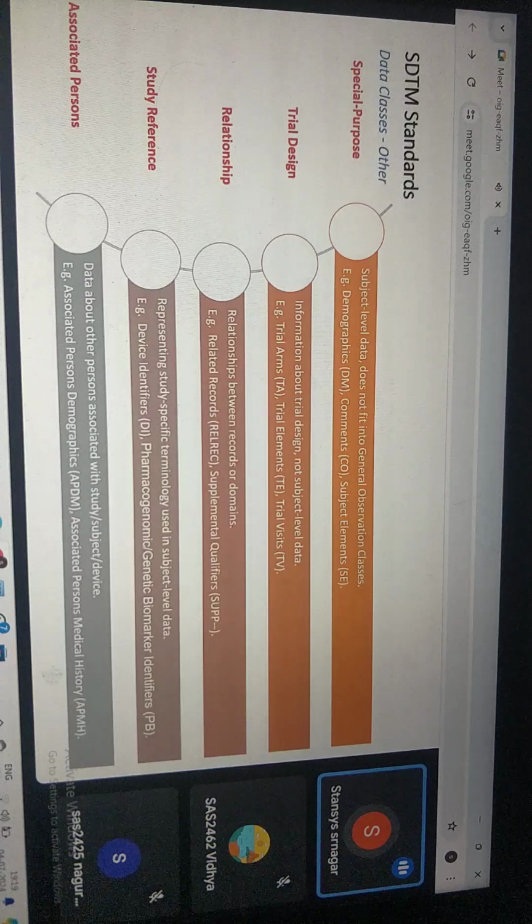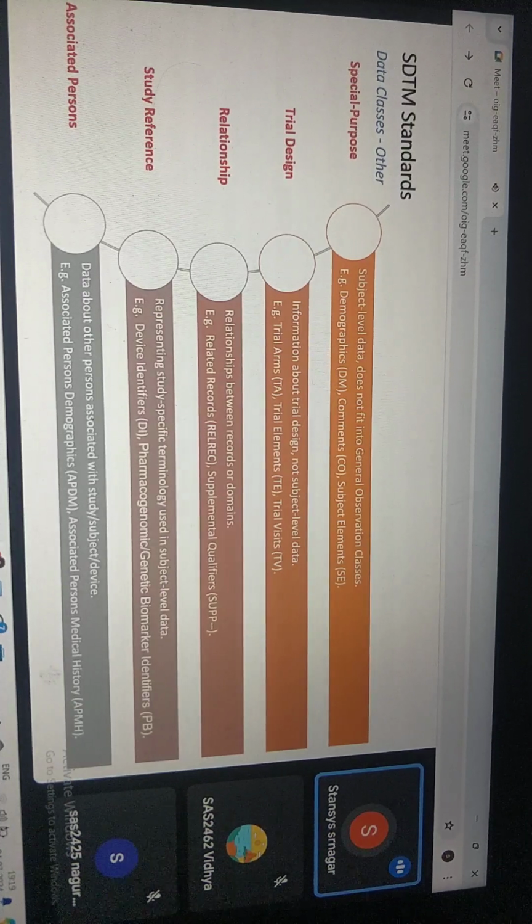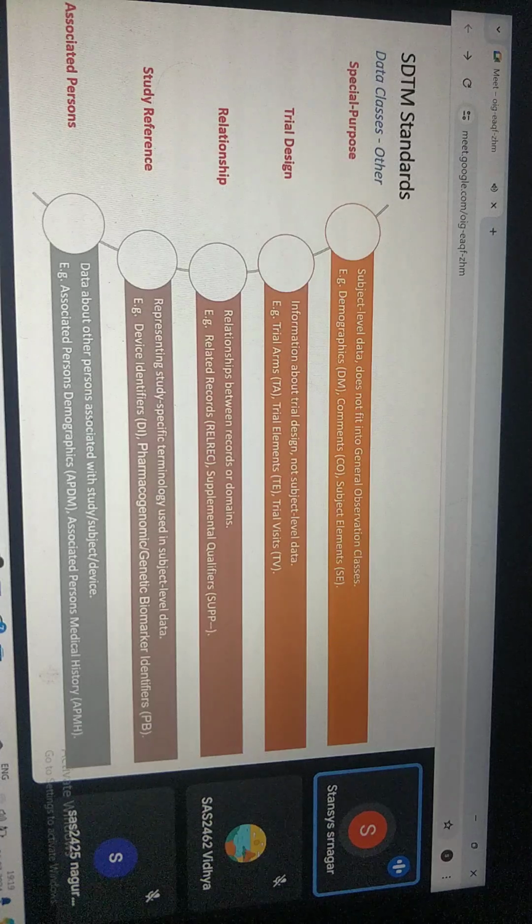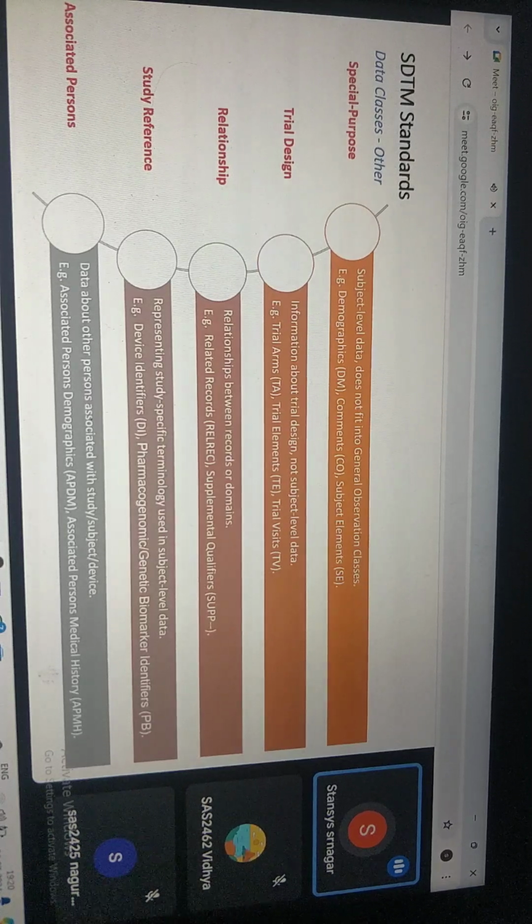If a mother is diagnosed with HIV, then that patient's newborn baby cannot enroll into the study. The test is performed on the mother only, right? So all of the data is entered into the database. Where are we going to map that data? That is the associate person data. We don't keep it in the subject level domains. So we go for the associate person demographics and associate person domains based on the data points.